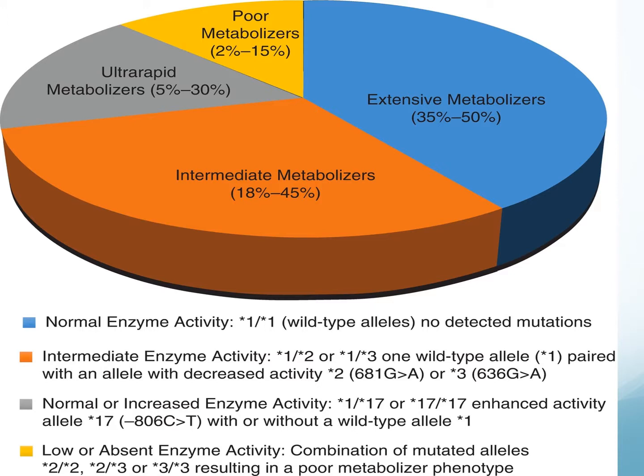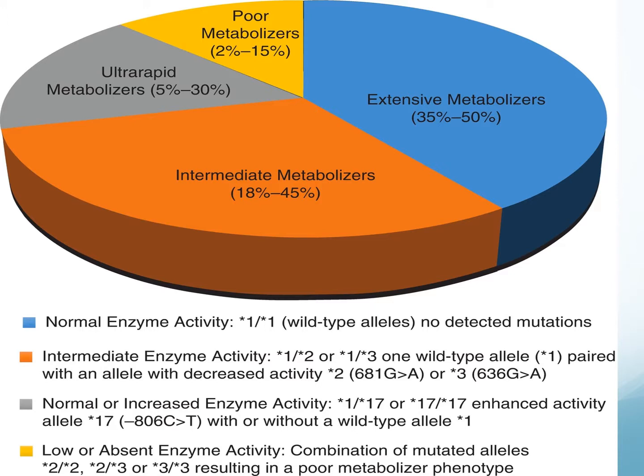Now this pie chart didn't include the intermediate metabolizers of the previous slide, but it shows you the percentage of the population that has each one. As they're explaining at the bottom of the key, they have this *1, *1. That is geneticist speak for locating alleles.